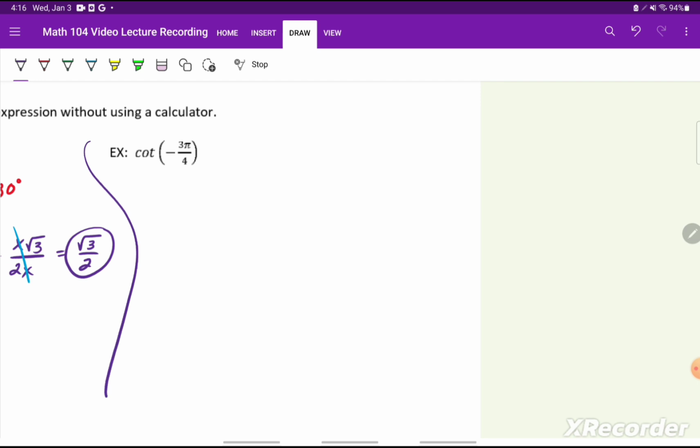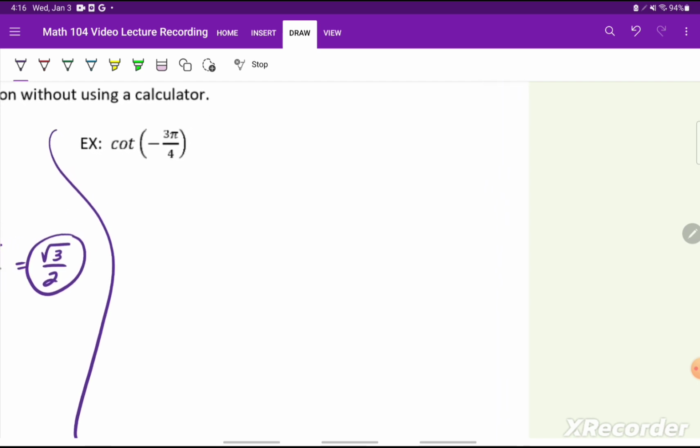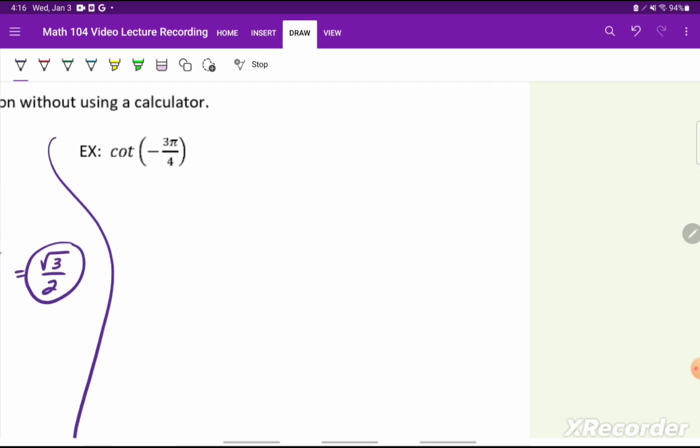Let's try another one. Next, we want to find cotangent of negative 3 pi over 4. So we'll start by converting to degrees. We'll take that negative 3 pi over 4 and multiply it by 180 over pi. Our pi's cancel.